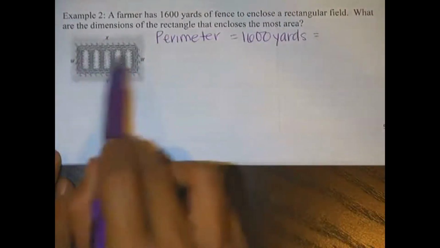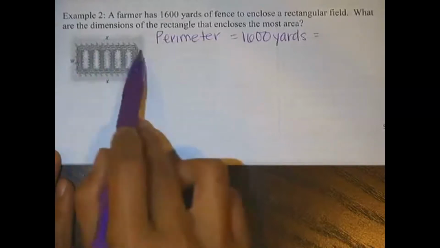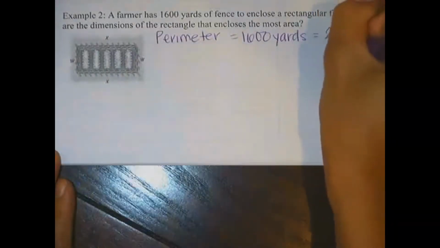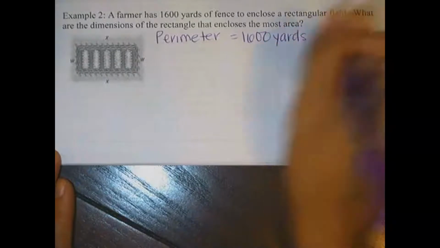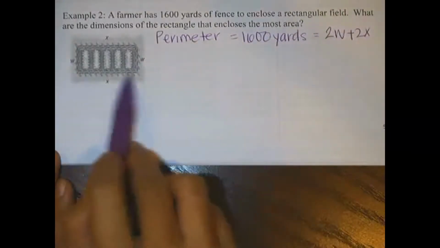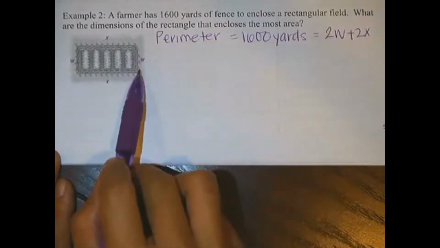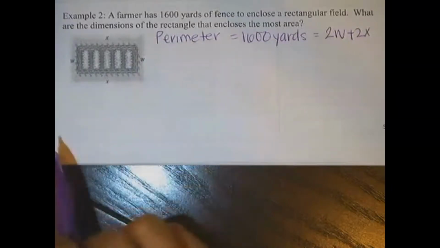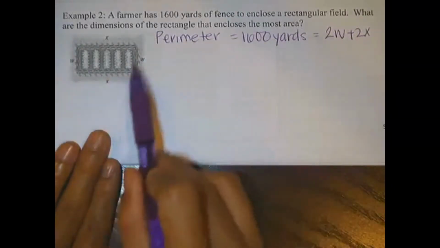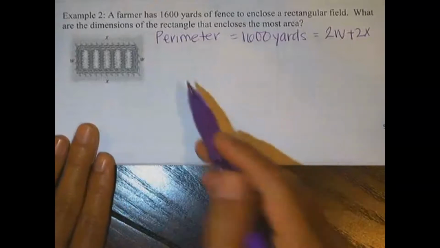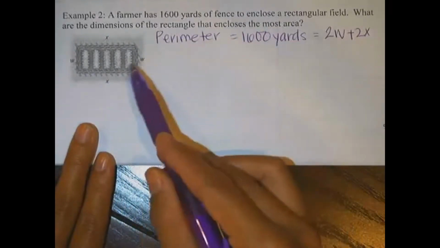And perimeter, based on a rectangle, is adding up all the sides. So I'm going to have 2W plus 2X. It's kind of like 2 base plus 2 height, or 2 base plus 2 length. In this case, they're using X and W. But I'm not really interested in the perimeter.